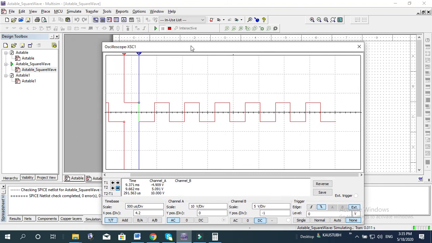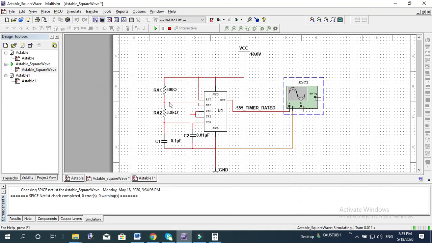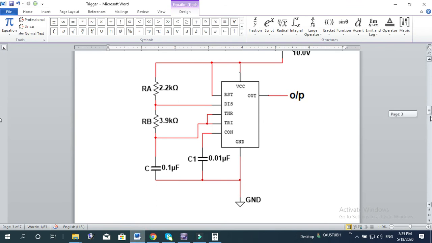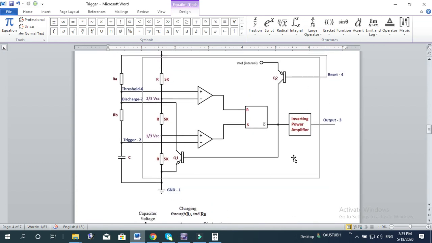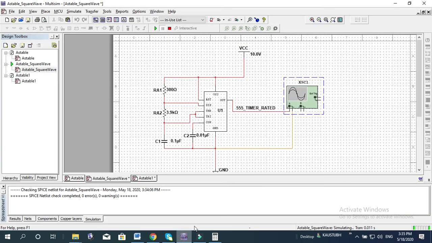Okay, so further if we decrease it, then it can go towards perfection, but it starts malfunctioning because, as I mentioned, because of this low resistance, a heavy current will flow during the discharge. Heavy current will flow through this Q1 and Q1 gets damaged soon, and as a result this timer will get damaged. So what we can do is, along with a very low resistance of say 100 ohm, connect a 10 kilo ohm pot, potentiometer, and a diode for safety purpose, a diode with P type upside, N type downside.